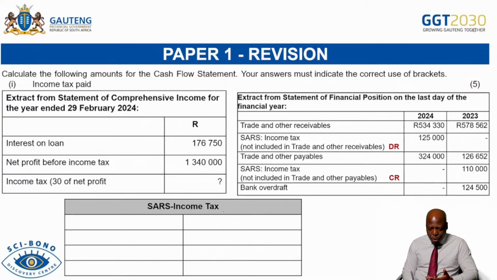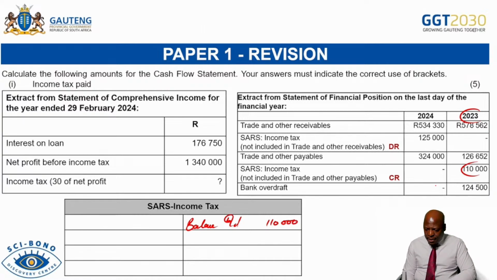In this class, we're going to open a T account, and then we're going to say the balance in 2023. The balance in 2023 was a credit balance of 110, which is that one there. So I'm going to come here and say my balance brought down, that is 110,000 over there.